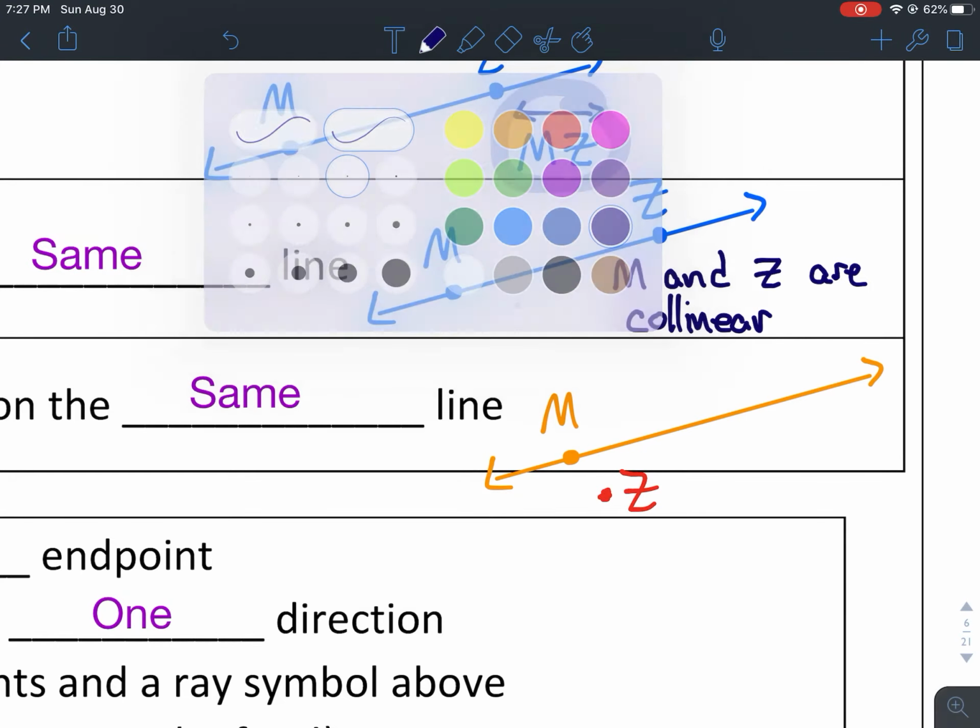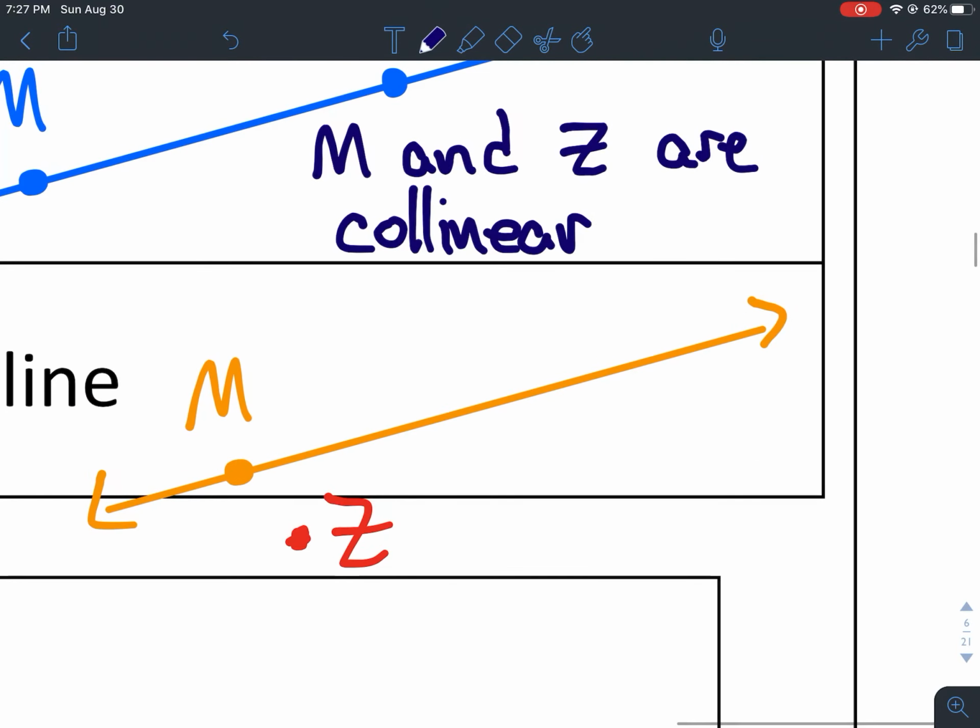So then I can say that M and Z are not collinear.